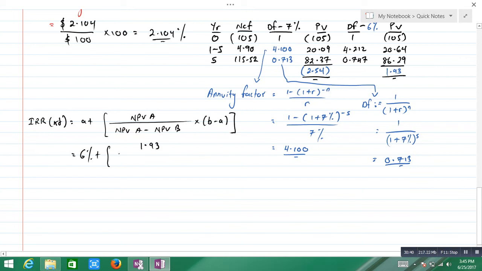That will give you 6.43%. So that will be our cost of debt.